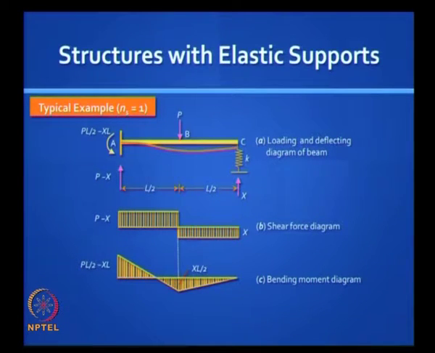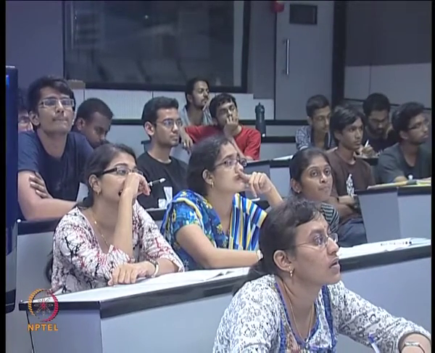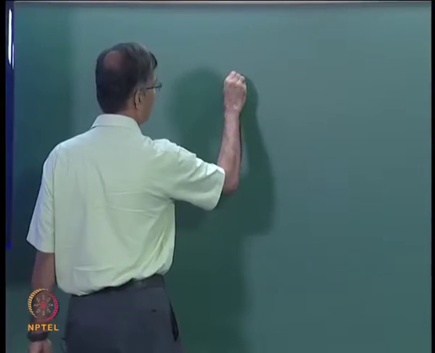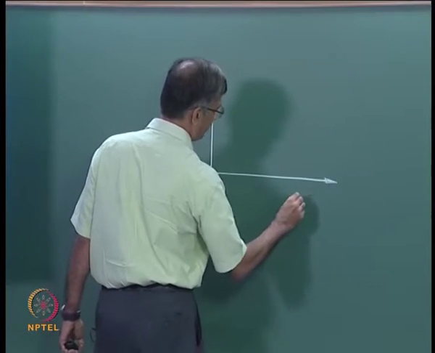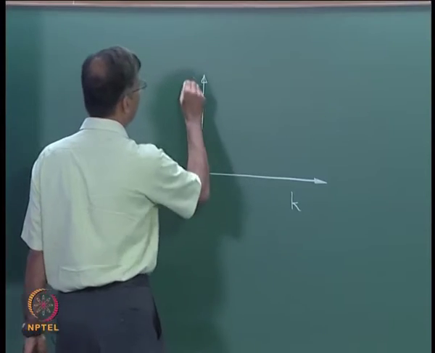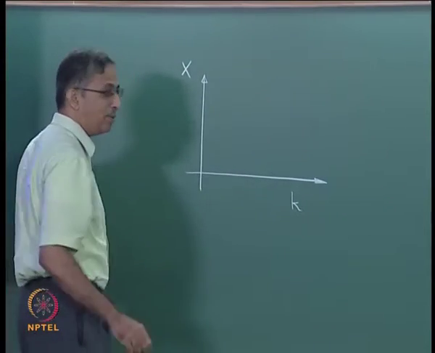Now it will be interesting to find out how X is related to the spring stiffness. Can you guess? K equal to 0, X equal to 0. So if you had to plot K with X, how would this figure look?